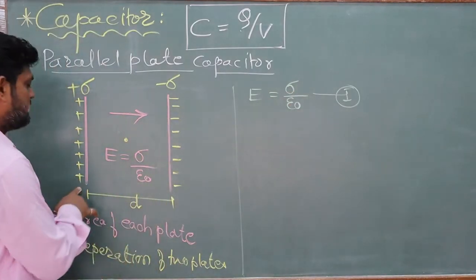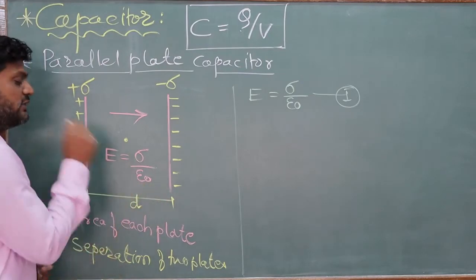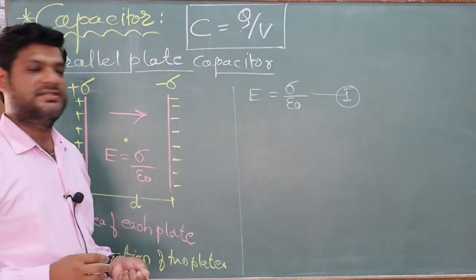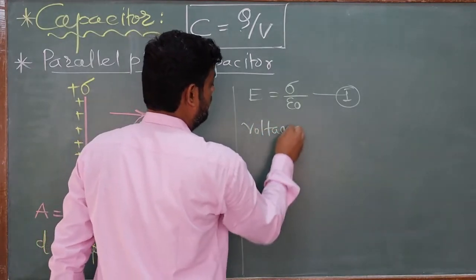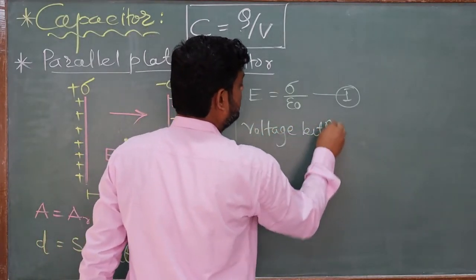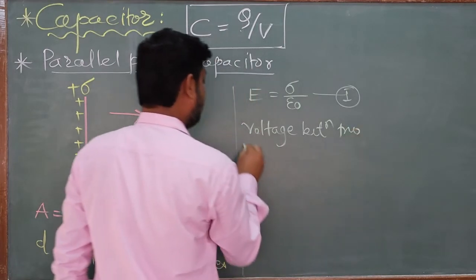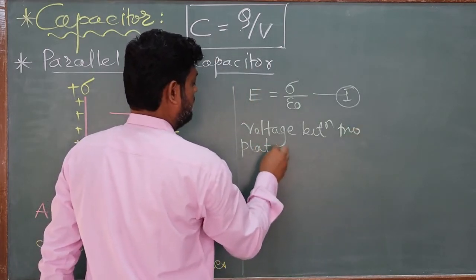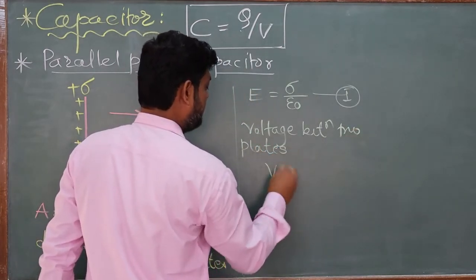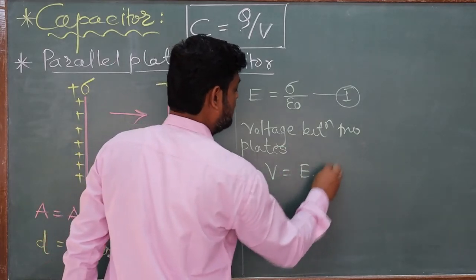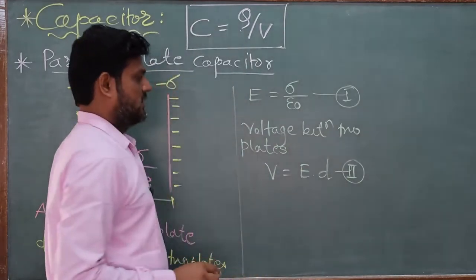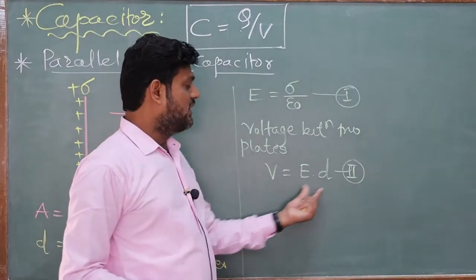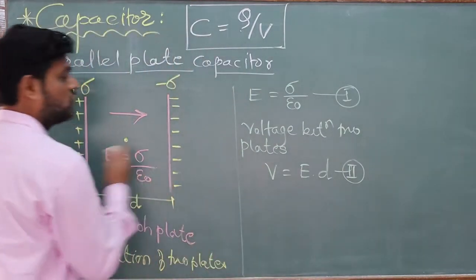Due to the positive charge and the negative charge, a voltage will be developed between the two plates. So the voltage between the two plates will be V equal to E into d. Equation number 2. V is the voltage, E is the electric field, and d is the separation between the two plates.